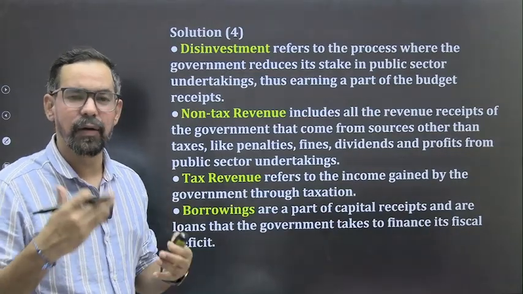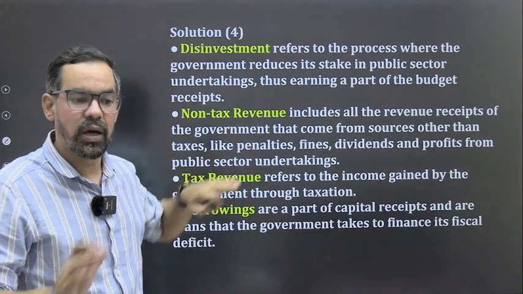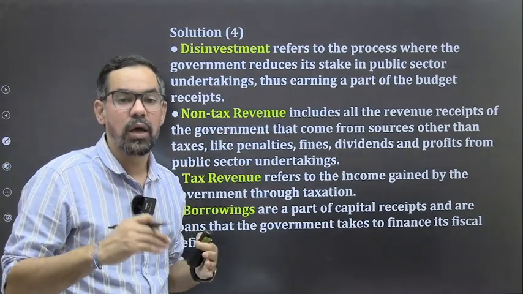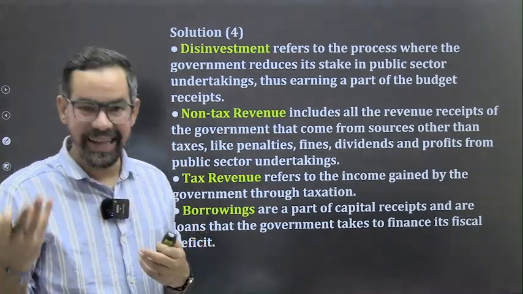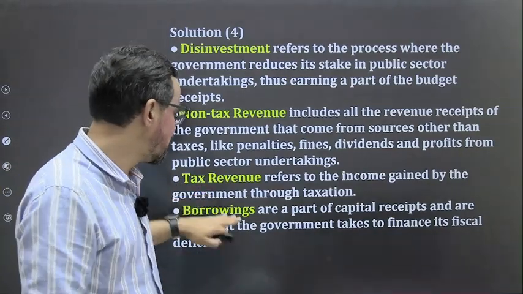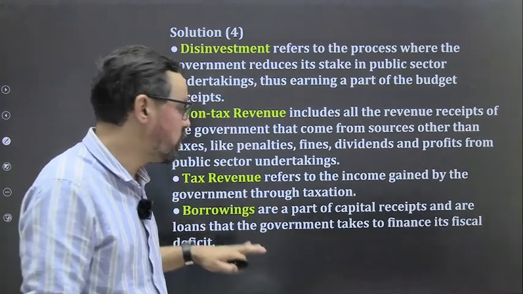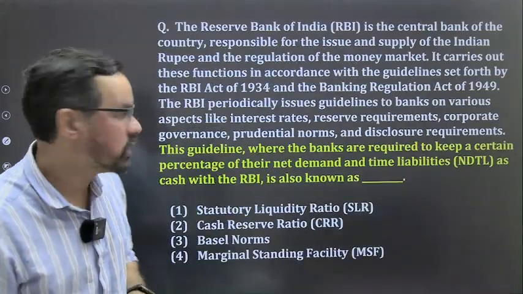Okay, like in different companies, you often get to see this. Non-tax revenue is income of the government from other than taxes, like grants and dividends and interest and others. Tax revenue has two types of taxes, direct and indirect, or GST. Borrowings can be domestic as well as international, right?